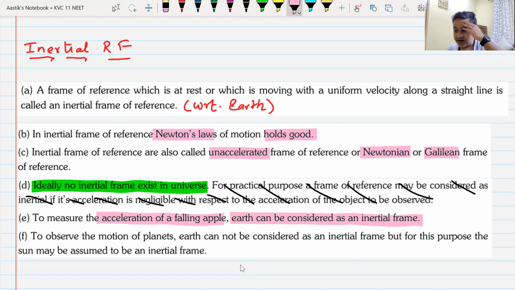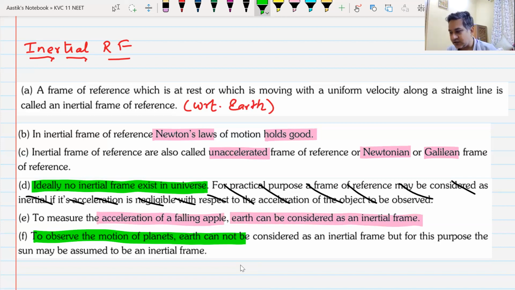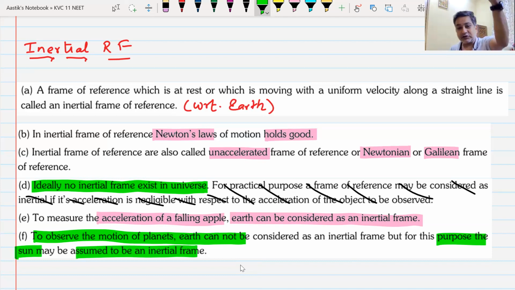Whatever questions we have done, these motions were happening on Earth, and Earth was taken as the inertial reference frame. Now, if you want to observe the motion of planet Earth, other planets, Moon, remember Earth is also rotating, Earth is also moving, so Earth is also not an inertial reference frame. For this purpose, Sun can be taken as an inertial frame. If you want to study the motion of Sun, Sun is also rotating.